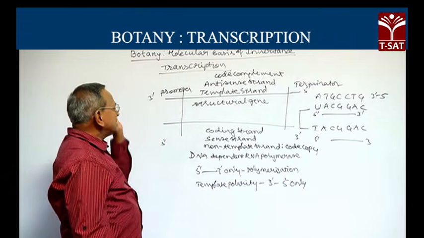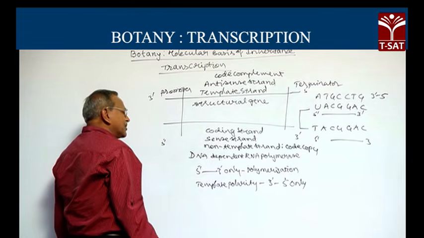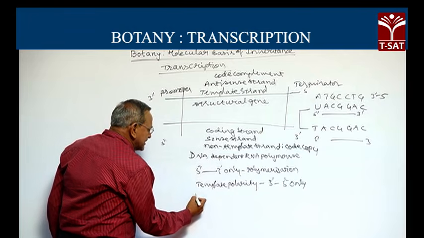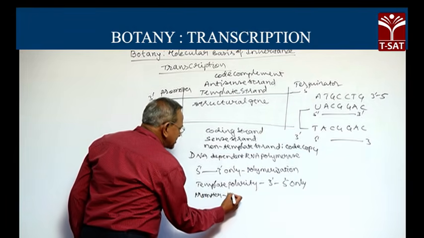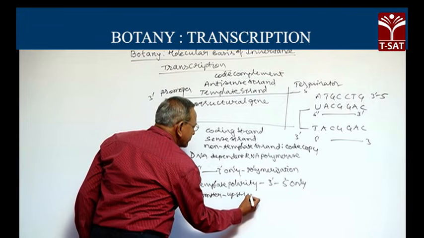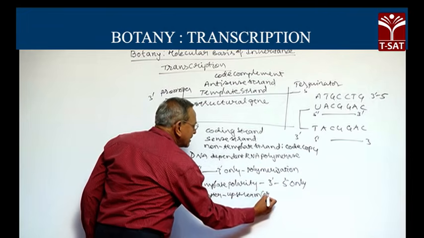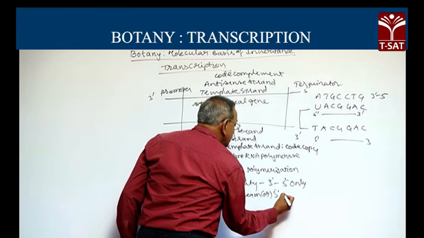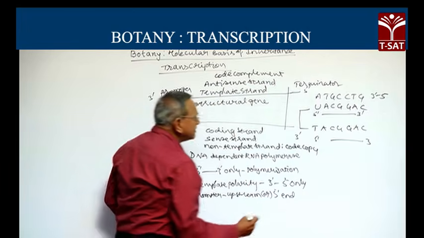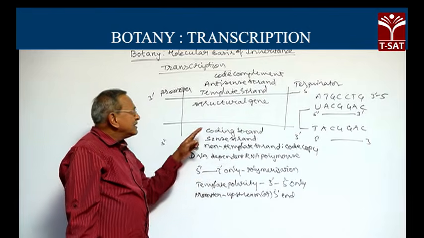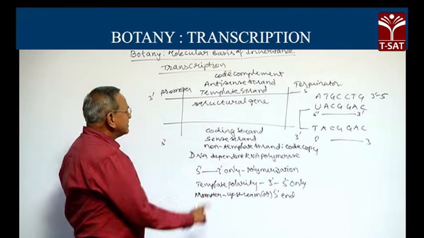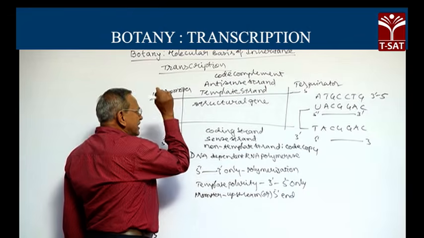And what is the location of the promoter? The promoter is described as upstream, or the 5' end. The 5' end of what? The 5' end of the coding strand. All references are made from the coding strand only.